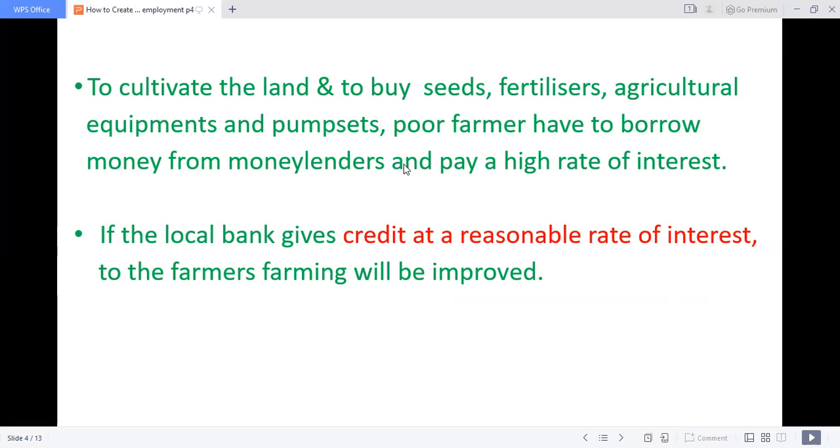So one half of whatever the farmers earn goes in the name of interest to the moneylenders. Credit at a low rate of interest is not available for the farmers. If the government provides credit through the local bank at a reasonable rate of interest, I mean a low rate of interest, the farmers will be benefited. They will not need to pay a major portion of their income as interest to the moneylenders. That will encourage the farmers to continue farming.